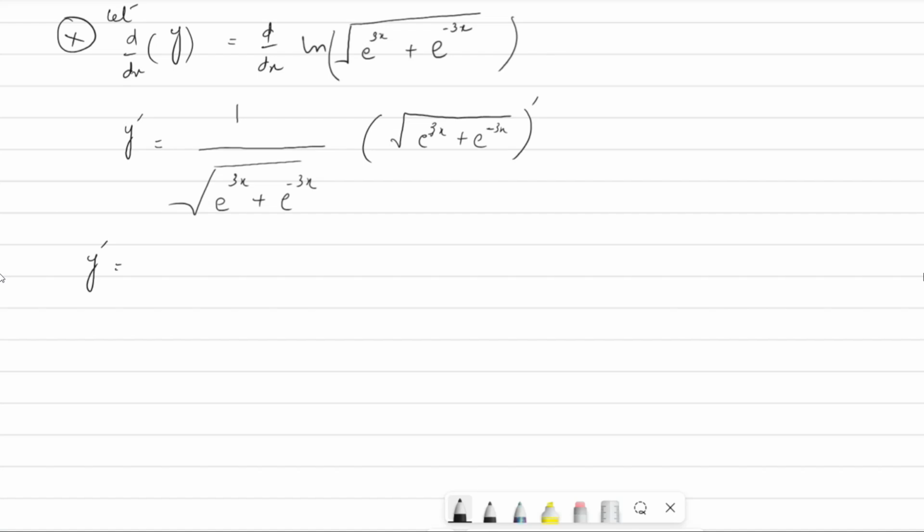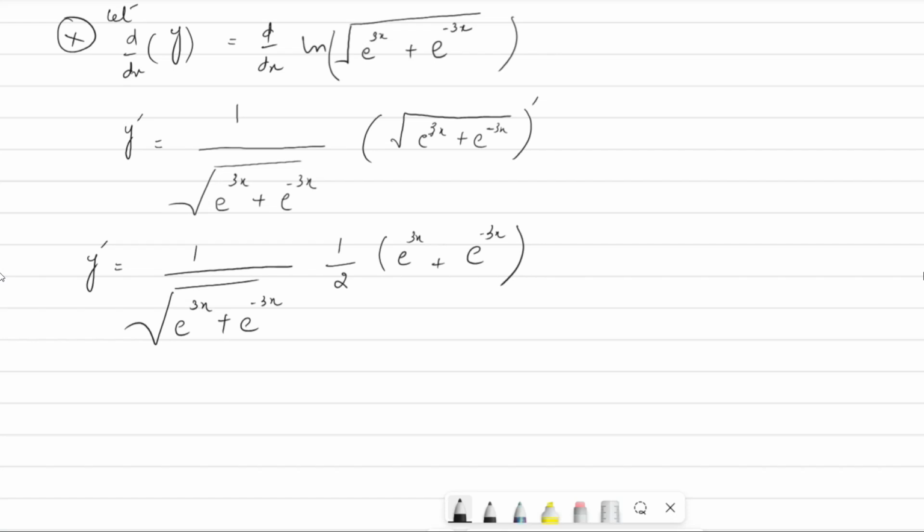So y bar is equal to 1 upon e raised to the power 3x plus e raised to the power minus 3x, and the derivative of this is equal to 1 upon 2, the power comes out, and we have to subtract 1 from the power.